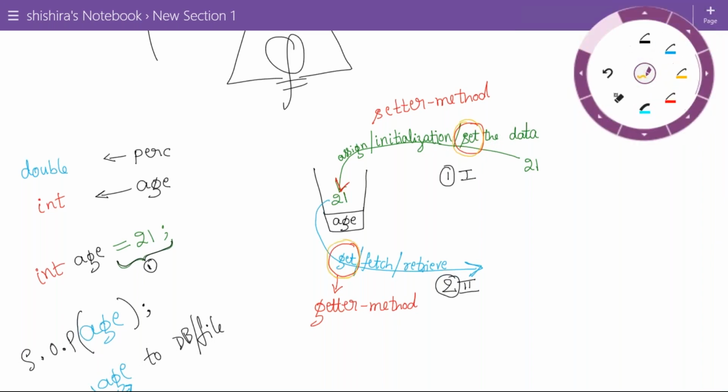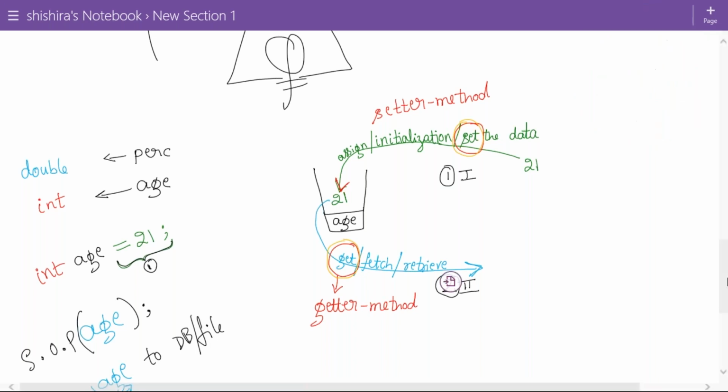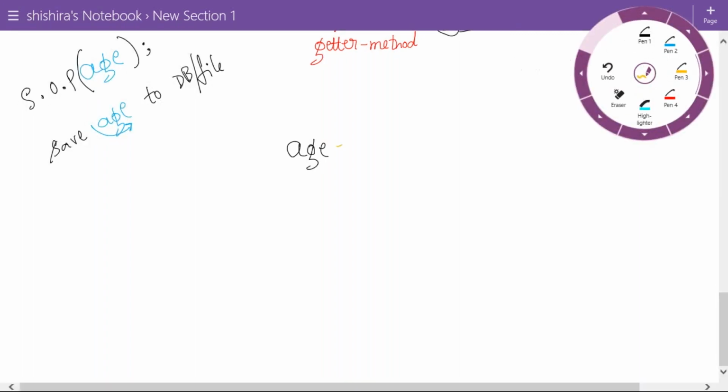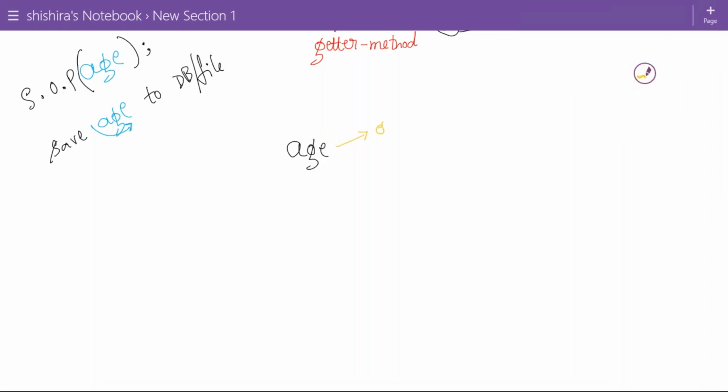So when I take an example of age here, just let me scroll this down. If I take an example of age, age must have two things. One is called getter method. The other one is called setter method.